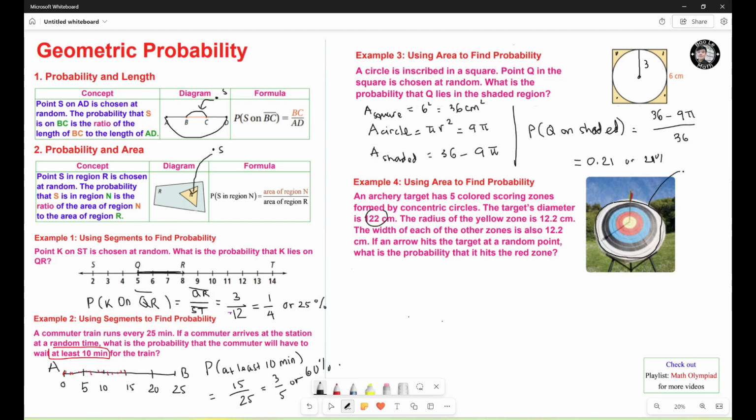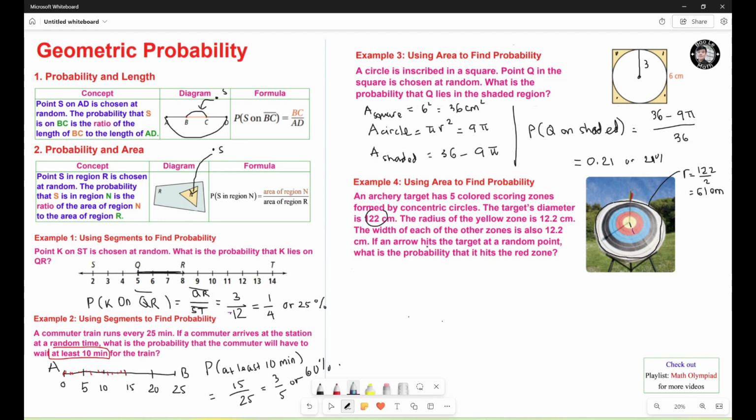So the radius should be 122 divided by 2, and you get 61 centimeters. The radius of the yellow zone is 12.2 centimeters, so the distance from here to here is going to be 12.2. Now, the width of each of the other zones is also 12.2, so the distance from here to here is going to be 12.2.